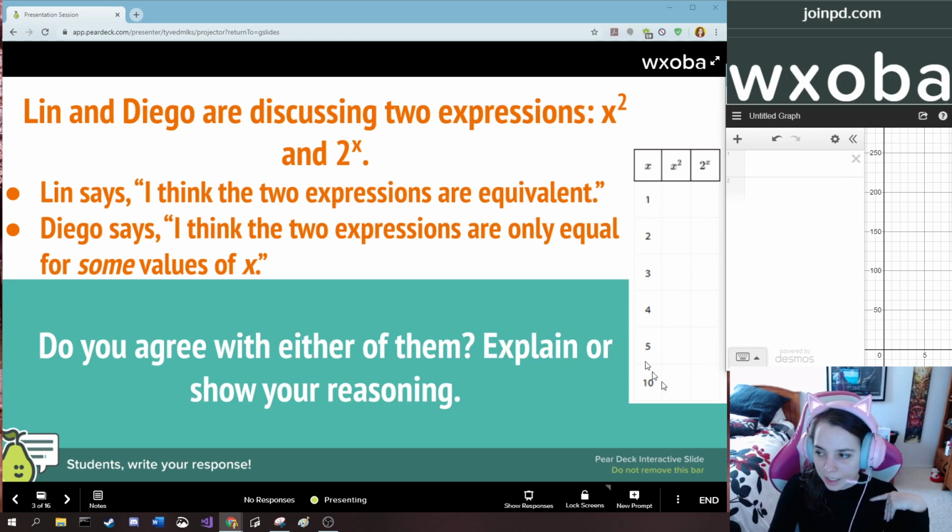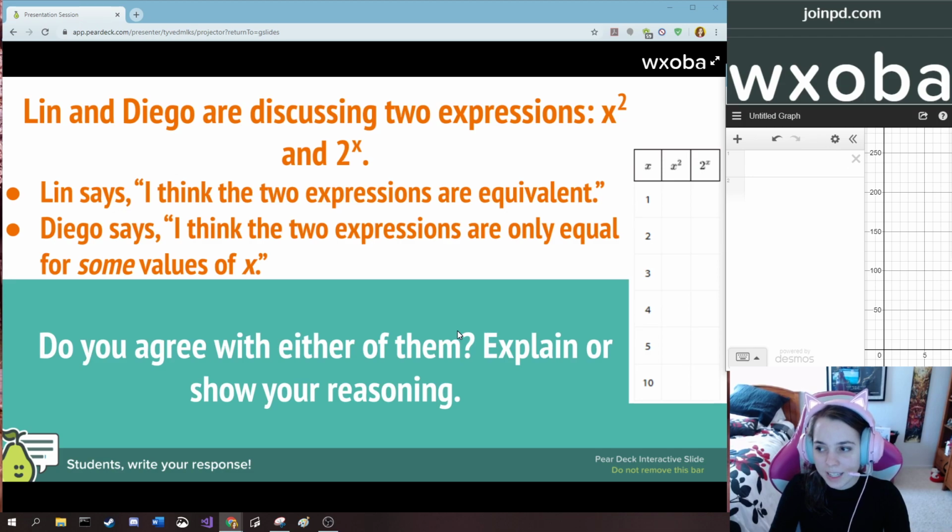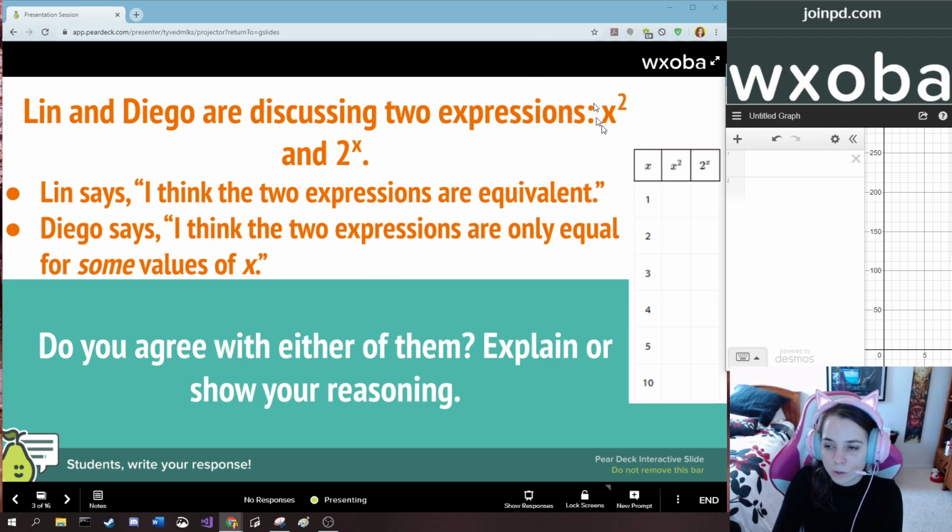Here's a data table to help you get thinking about who is right or wrong. So you would type in the discussion, I think Lynn's right because, or I think Diego is correct because. And the question is, is x squared equal to 2 to the power of x?